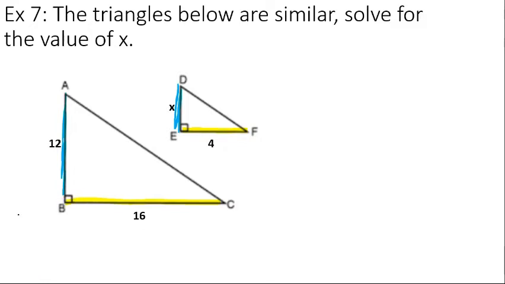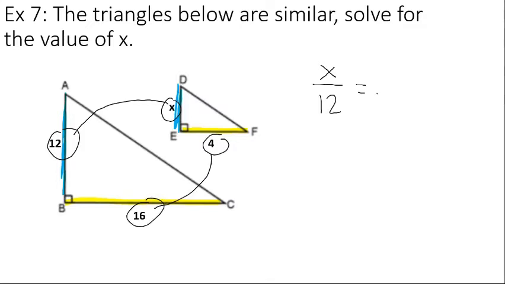So when I set up my proportion, I'm going to take x and the 12. So I write down x over 12 equals 4 over 16.